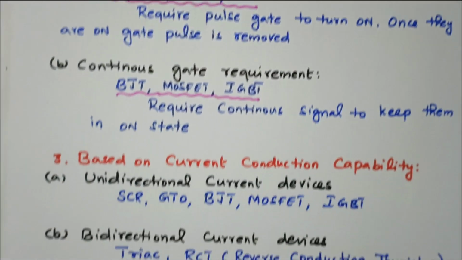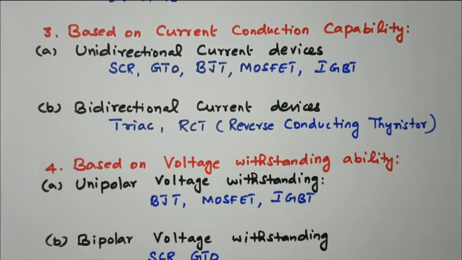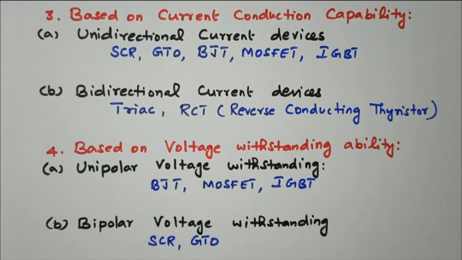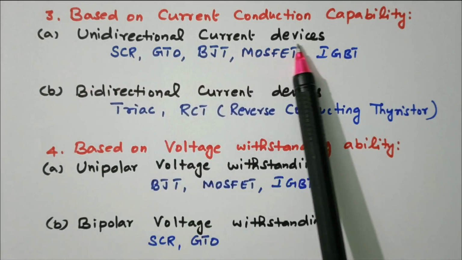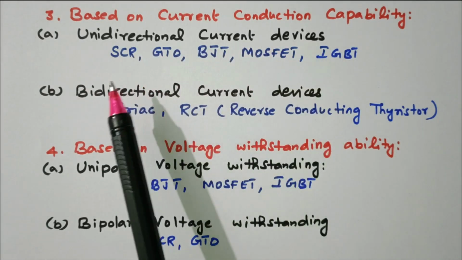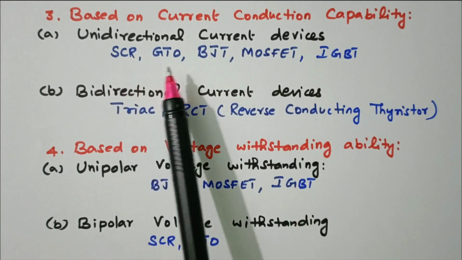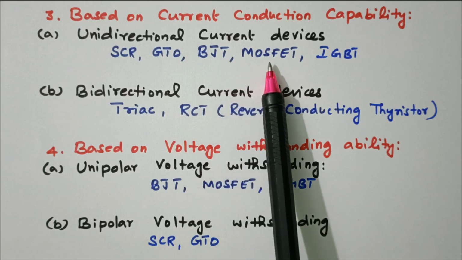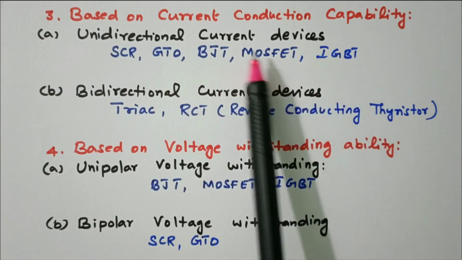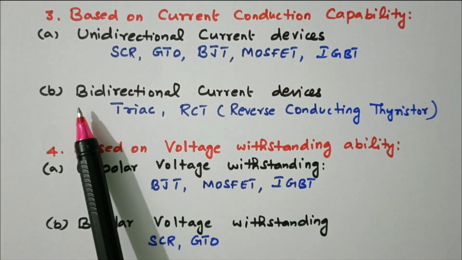The next one, current conduction capability. Unidirectional current devices will conduct in only one direction. SCR, GTO, BJT, MOSFET, IGBT. Only one direction conduction.